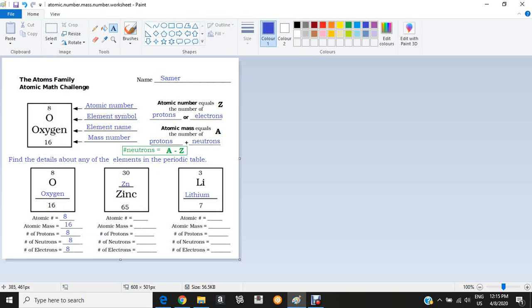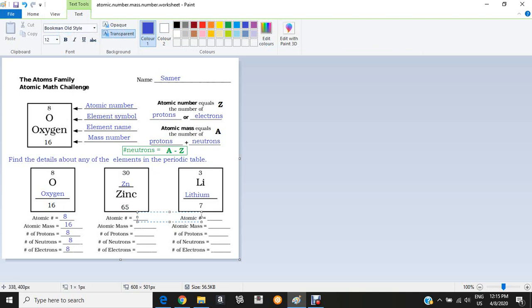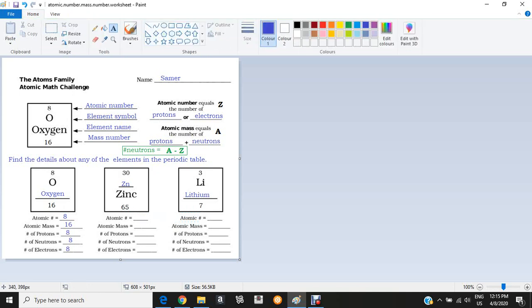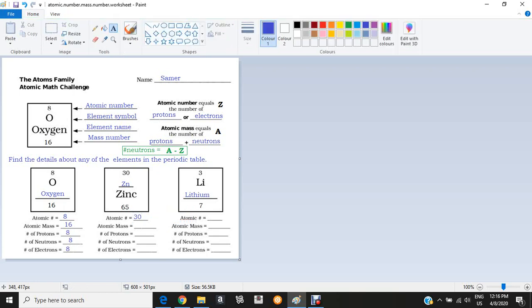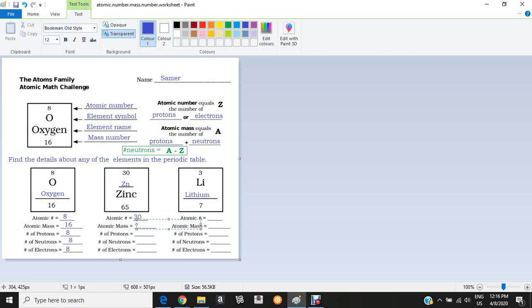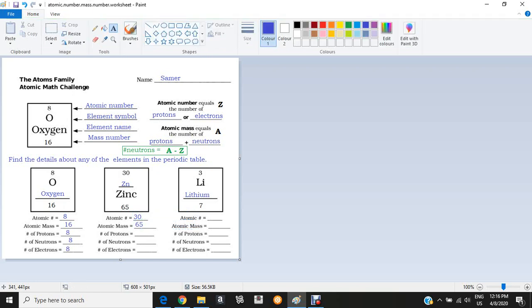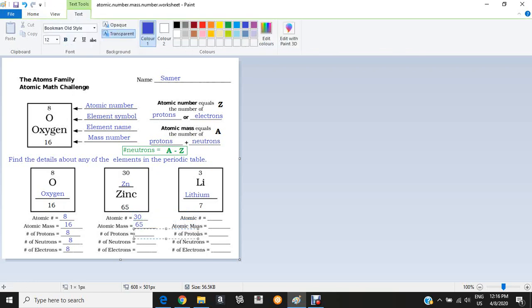How about we do the same for zinc? What's the atomic number for zinc? It is 30. What is the atomic mass number for zinc? It is 65. What is the number of protons for zinc? 30.